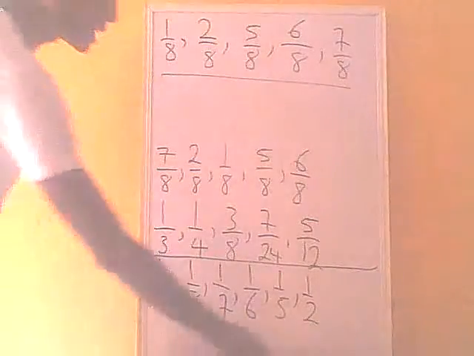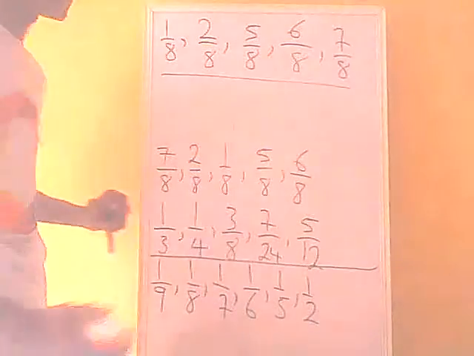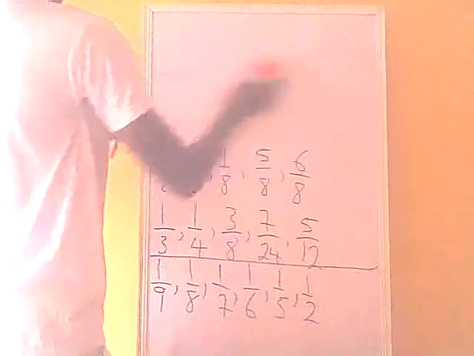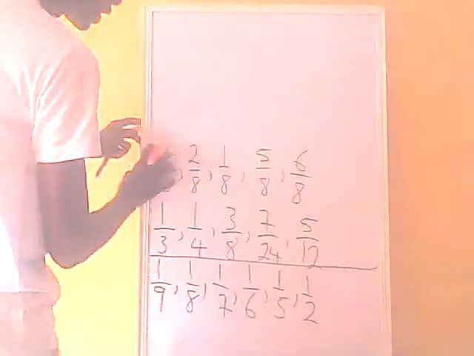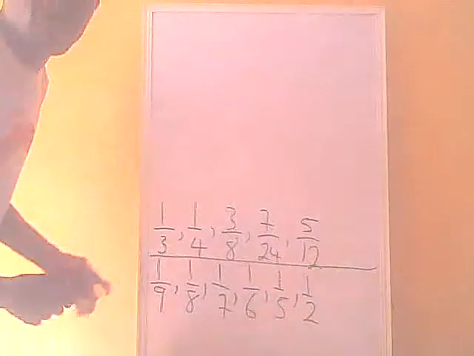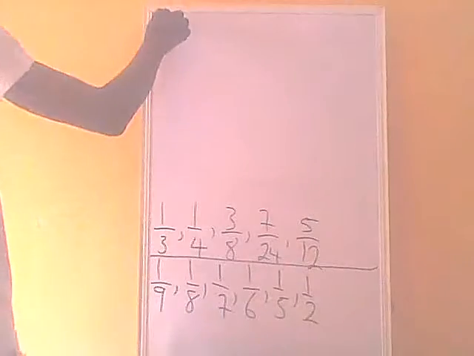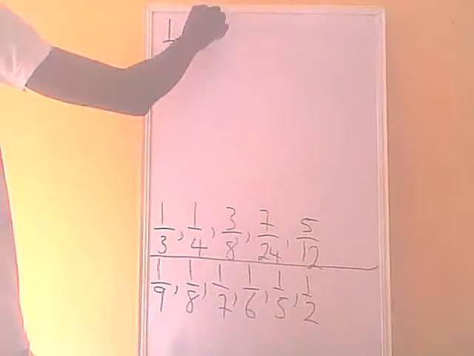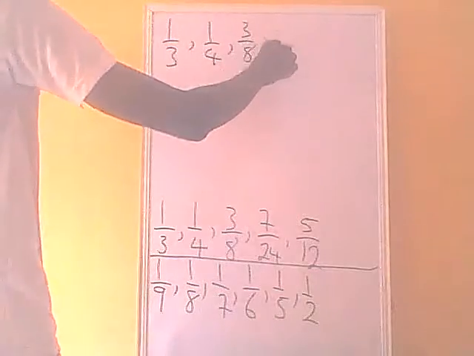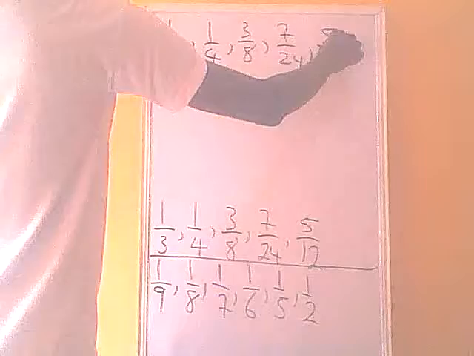Now, how do we arrange when they have different numerators and different denominators? Please note this. When we have different numerators and different denominators, what we do is place them under the same denominator. So I have 1 over 3, 1 over 4, 3 over 8, 7 over 24, and 5 over 12.